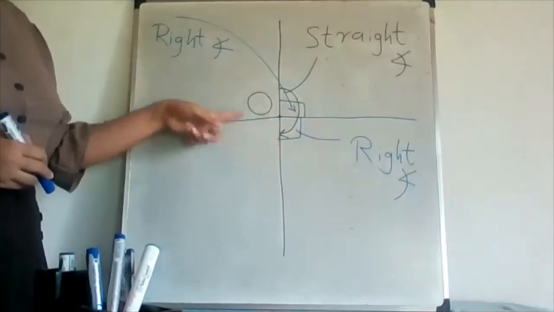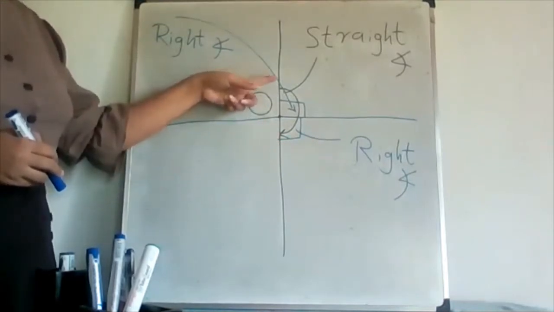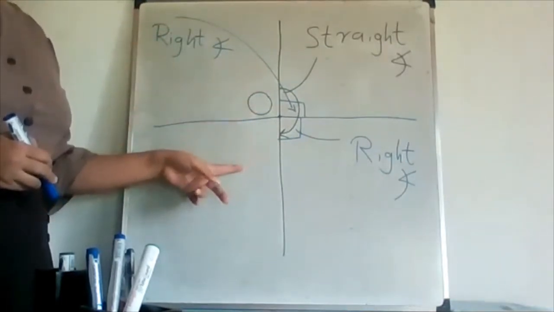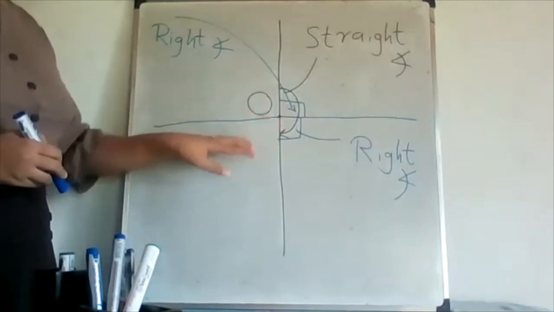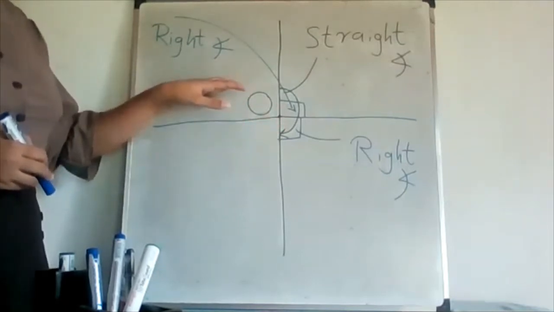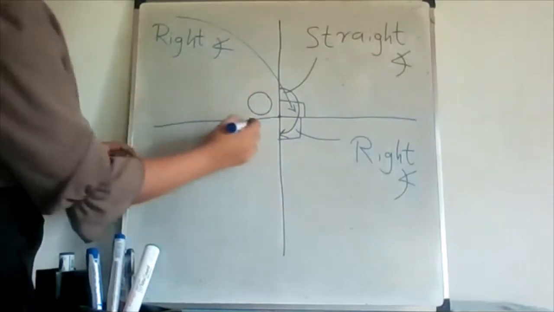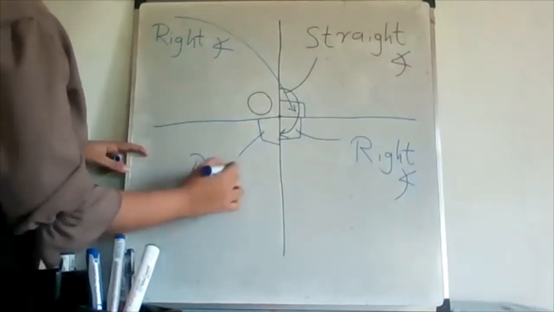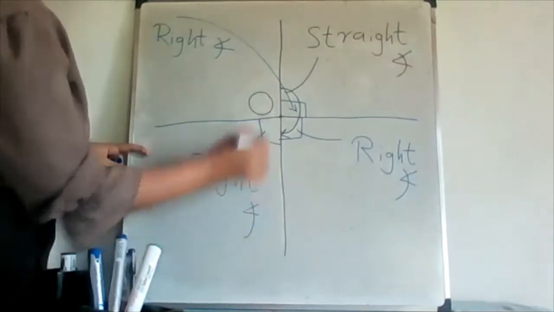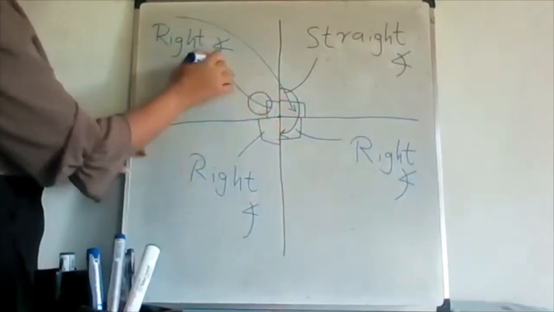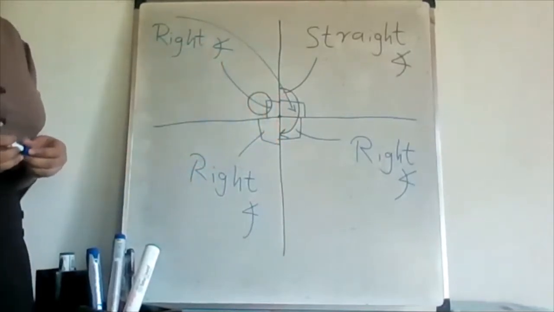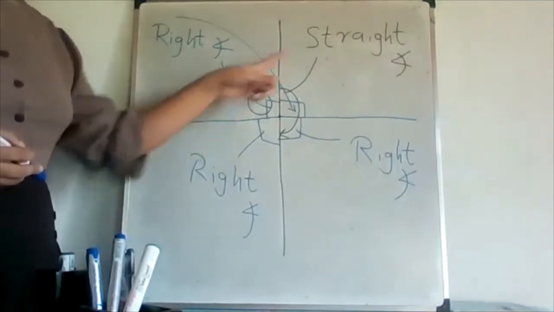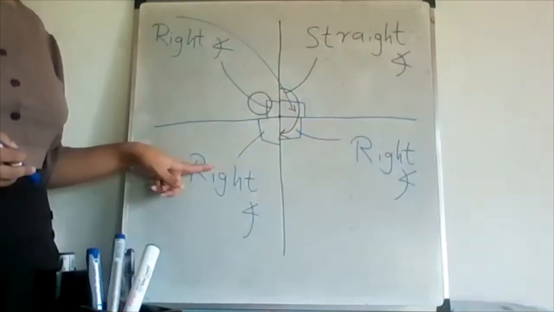You can see this one is also a straight angle and that straight angle has been divided into two equal halves by this line. That means this half and this half are also right angles. So we can mark this one as a right angle and this one also as a right angle. Now here you can see we have marked four right angles on the diagram.